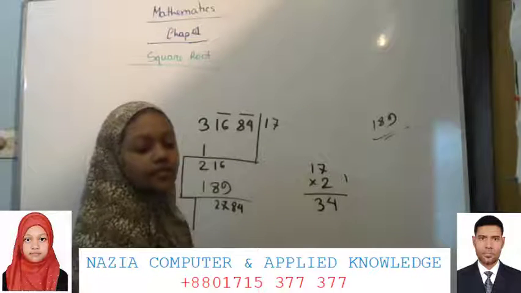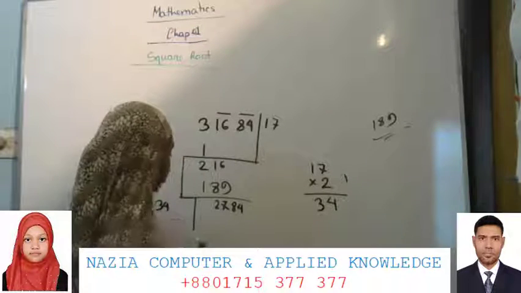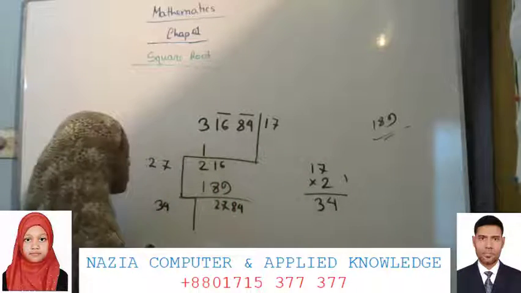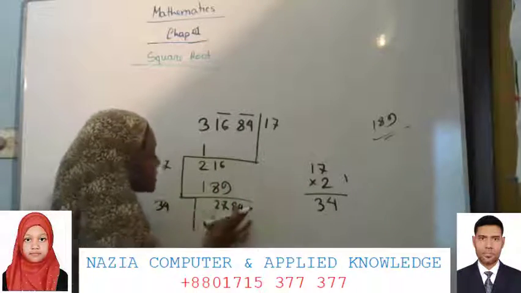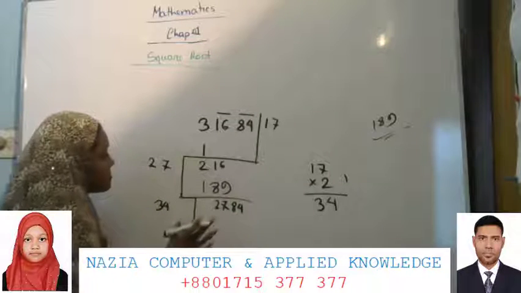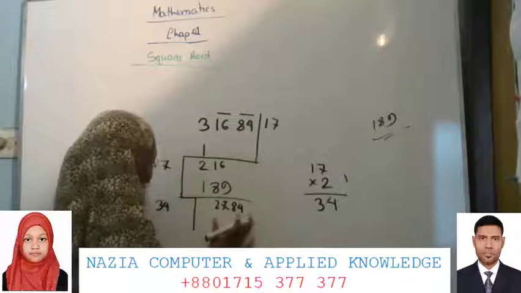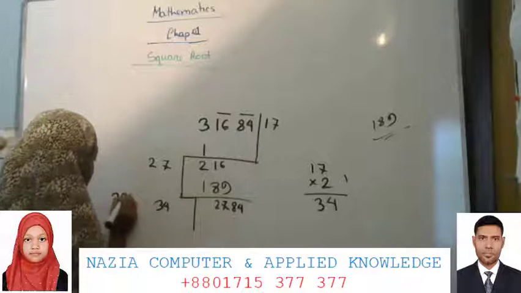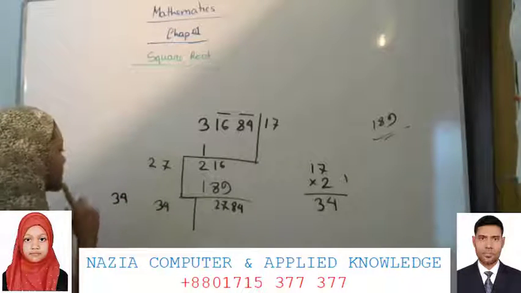After that, in the box, we have to again put a number here and here, so that this one can be a square root. Then 34 into what?